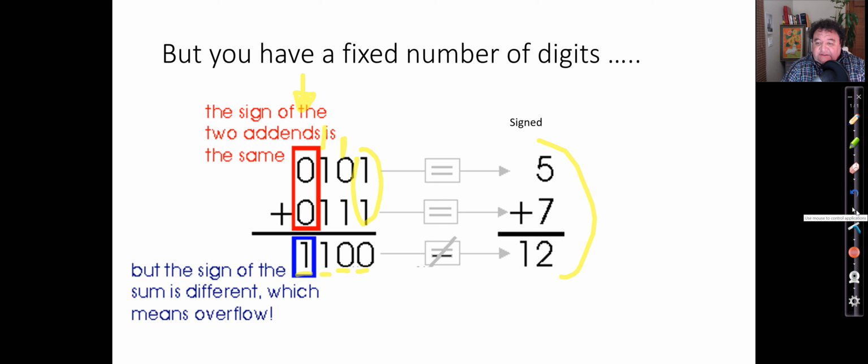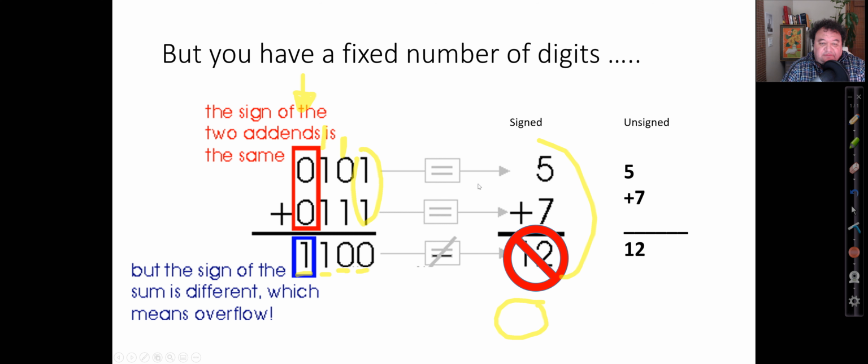The problem is that this is a signed number, and so 1, 1, 0, 0 actually is minus 4, and so this leads to a mistake. If we do the addition in a traditional way, we have run out of precision and we add two positive numbers and we have a result that is negative.